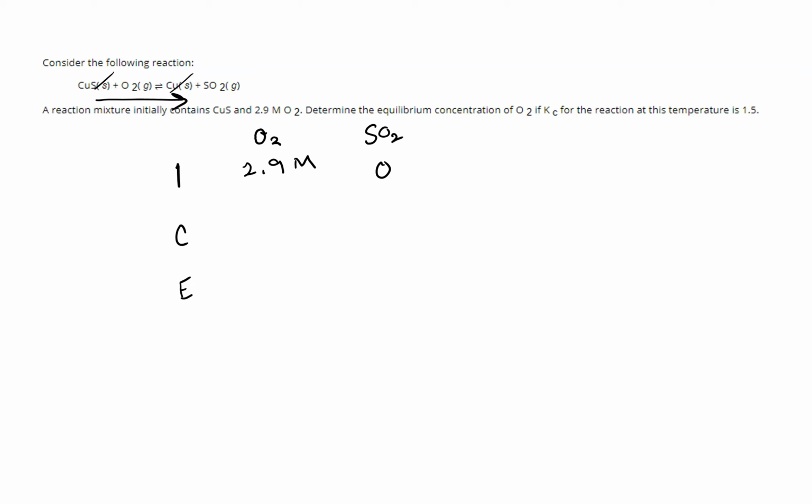Now, change. These are all 1:1:1 ratios. So our oxygen has a 1 and our sulfur has a 1. So our units of change are all just x. We don't have to adjust the magnitude of x to account for different coefficients here.